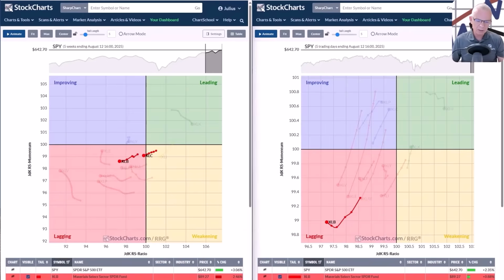So here is communication services. That's a tricky one, because this weekly tail is moving into the lagging quadrant at a very short tail. Look at how close these nodes are. And then the daily is just jumping. Look at this, this is also a 5 period tail. So the last 2 days, communication services is really jumping.